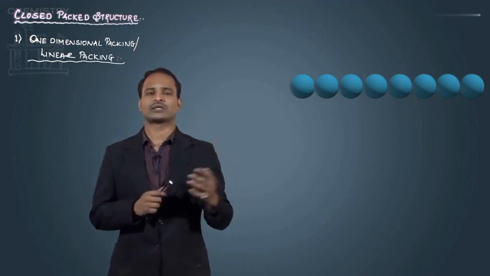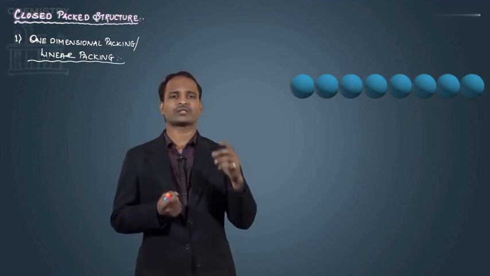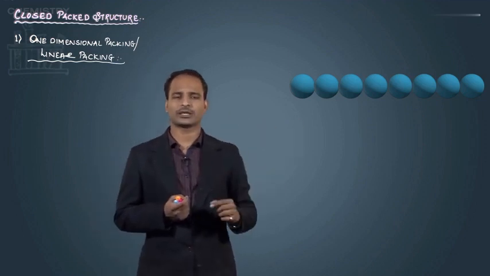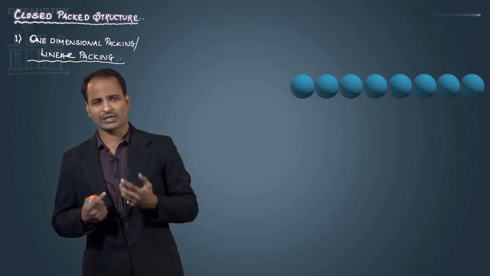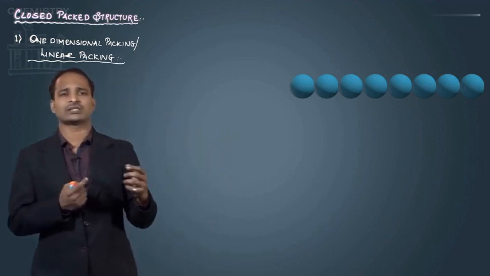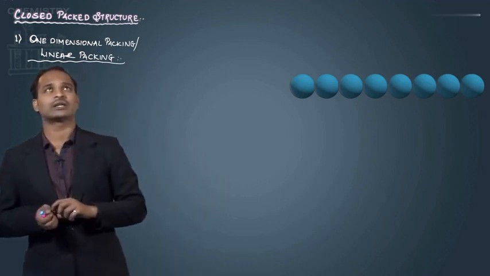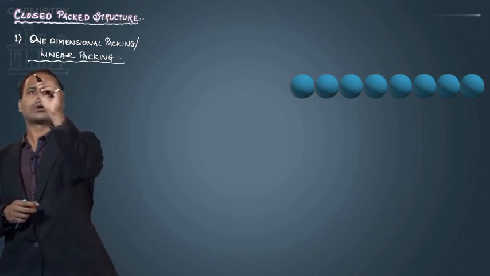That's why it is called one-dimensional packing, also known as linear packing, because if I join the centers of every particle, then simply you can say that a single line will be obtained, and hence, since on joining the centers we are getting a single line, it is linear packing.